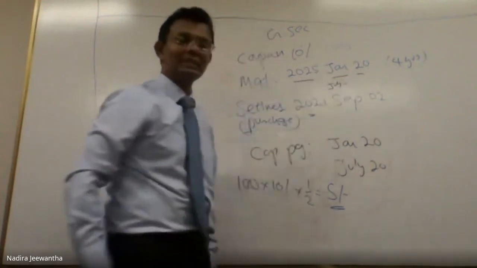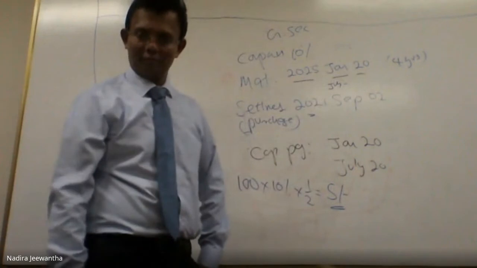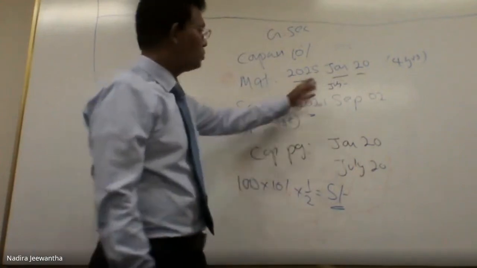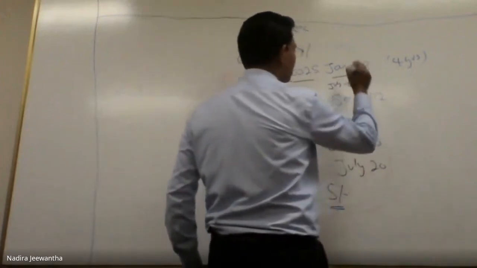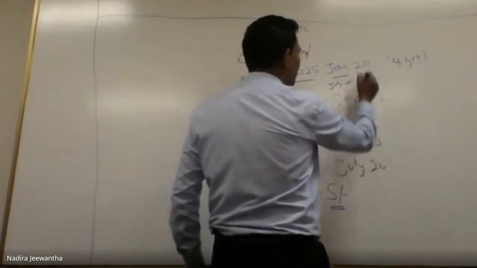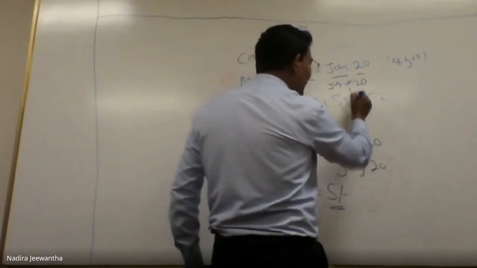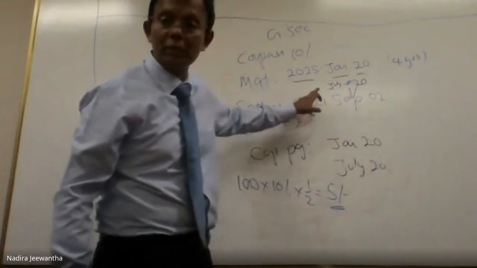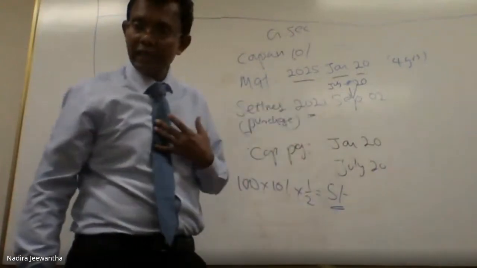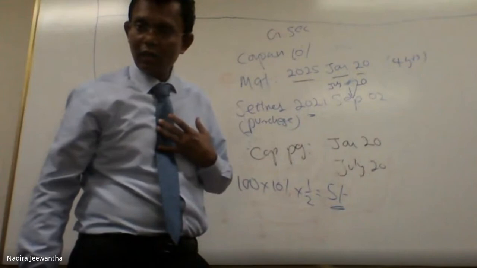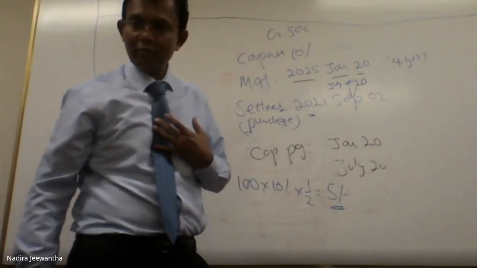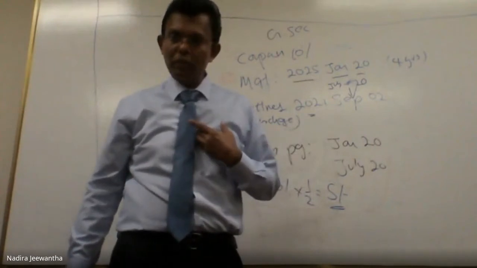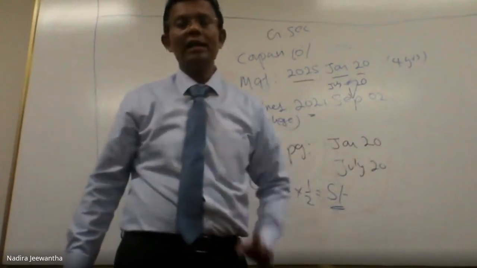This guy has received one coupon. From July 20th to the settlement date, this guy was holding this particular instrument. So basically, any amount I should receive should be after September only. So my return should be only 4 months and 18 days.